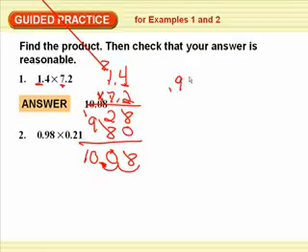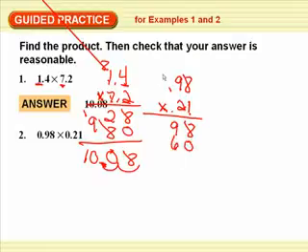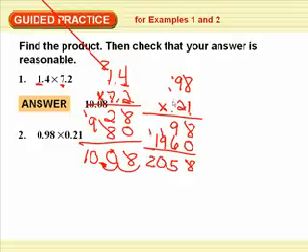It's 0.98 times 0.21. 8 is 8. 1 times 9 is 9. Placeholder, 16, carry the 1. 18 is 19. That's 8. 15, carry the 1. 0, carry the 1. 2, and there were 4 decimal places, 2 here and 2 here.